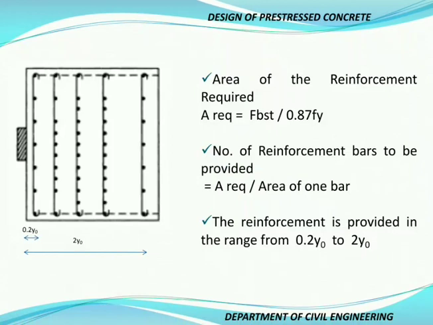The reinforcement provided is in the range of 0.2 y0 up to 2 y0. So we start the reinforcement from 0.2 y0 distance and provide the end block reinforcement up to a span of 2 y0, because the maximum stress distribution and variation occurs in this particular range. Hence, we provide our anchorage zone reinforcement in this area.